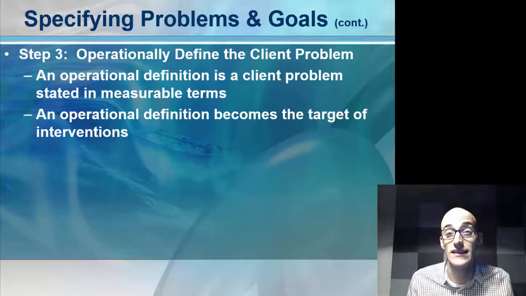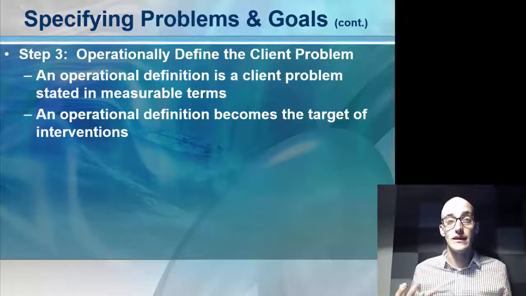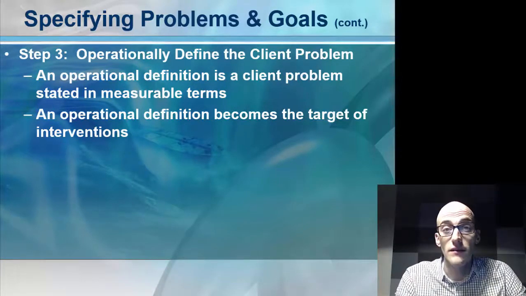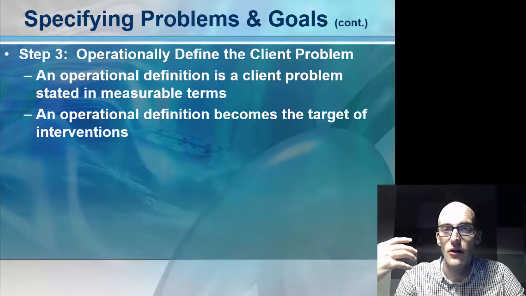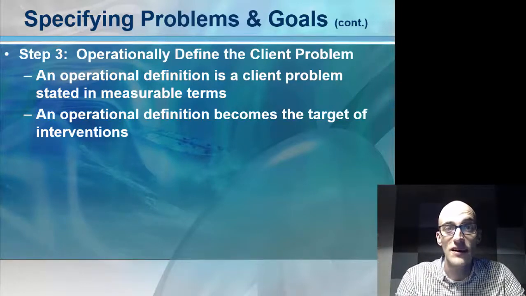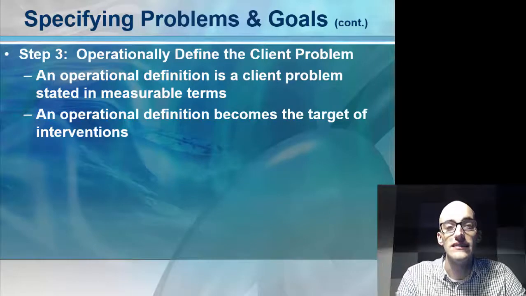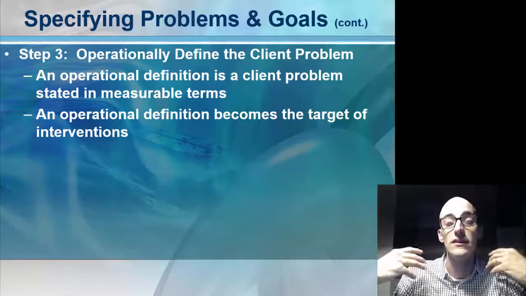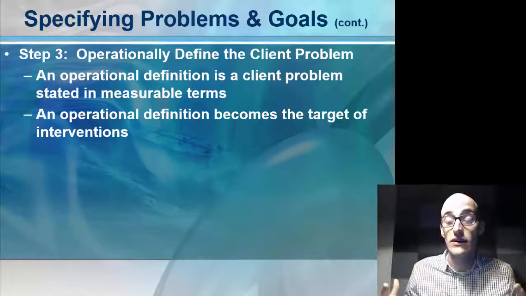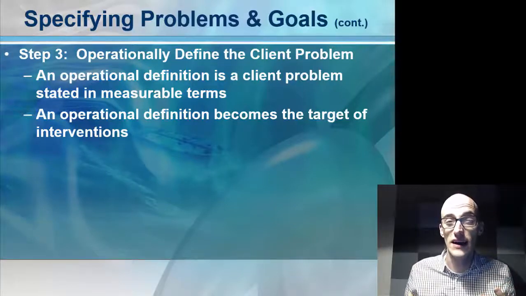Again, the whole point of doing this is to put the problem into quantifiable terms. For some people in this course, when they're doing their course project, they might talk about number of minutes spent exercising per day, number of minutes spent sleeping per night, number of minutes spent studying per day. So it's the quantity or the frequency of the behavior, but also in that specified time range.